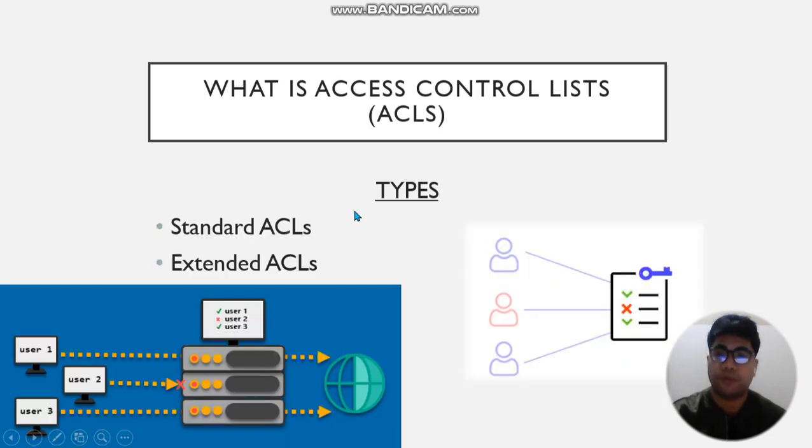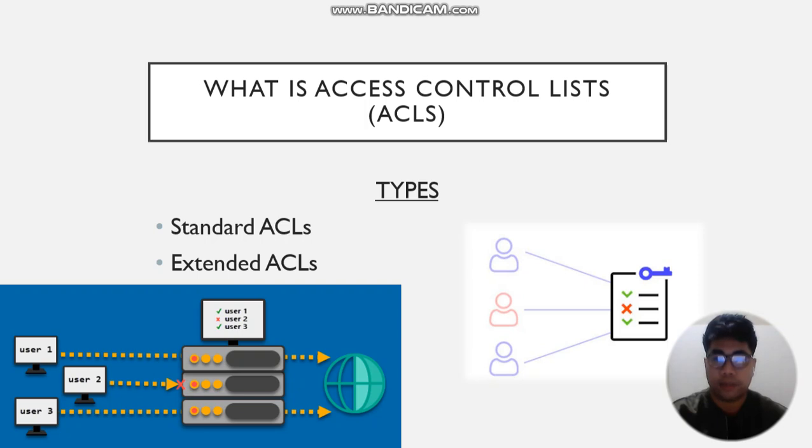Now let's go over to the access controls or ACLs. Let us know what an access control list is. An access control list is a set of rules that control network traffic based on IP addresses, protocols, and ports. Here are the types of ACLs.